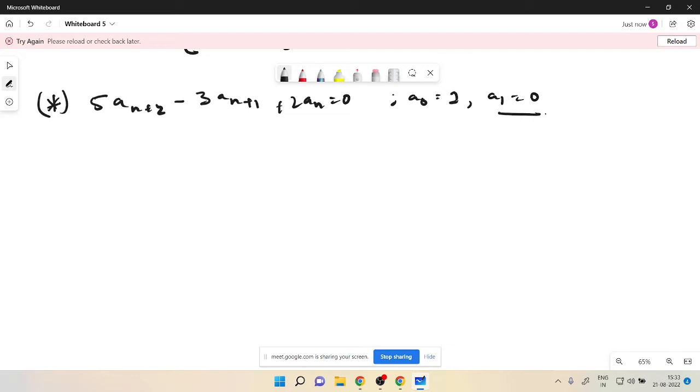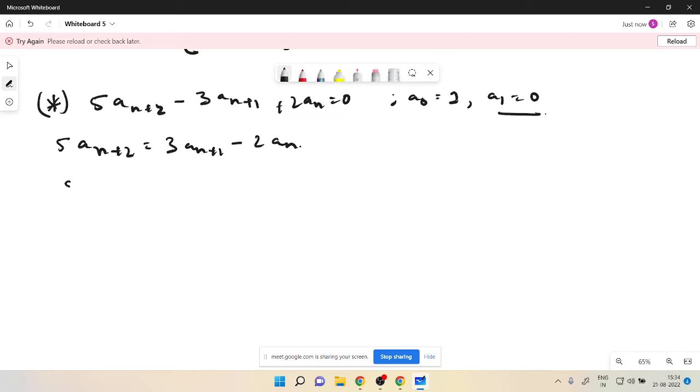Can you try a binomial induction somehow and get things? 5a(n+2) is equal to 3a(n+1) minus 2an.